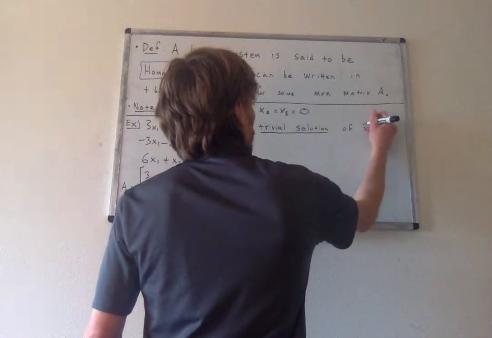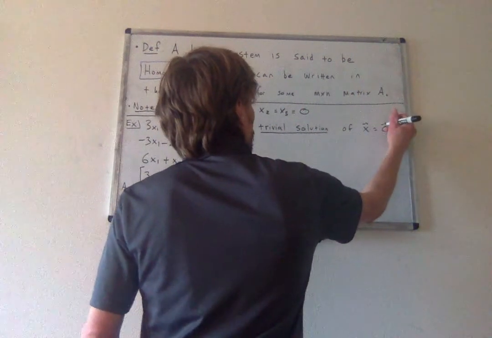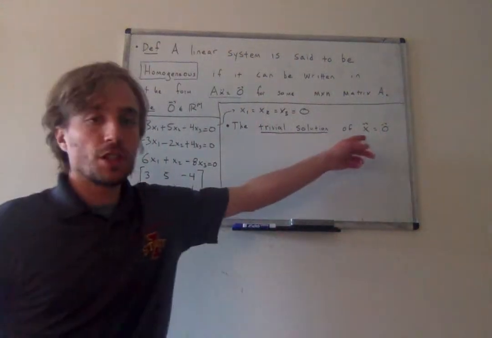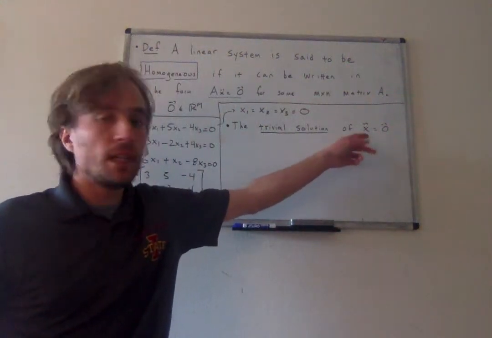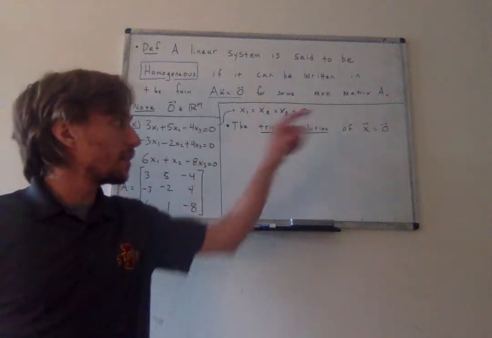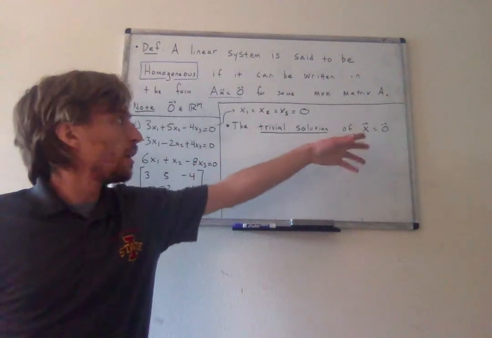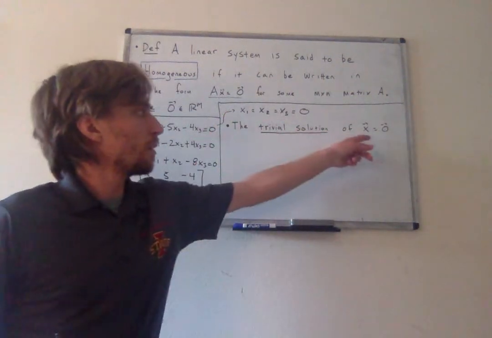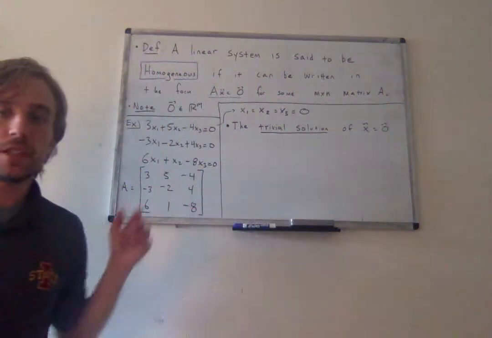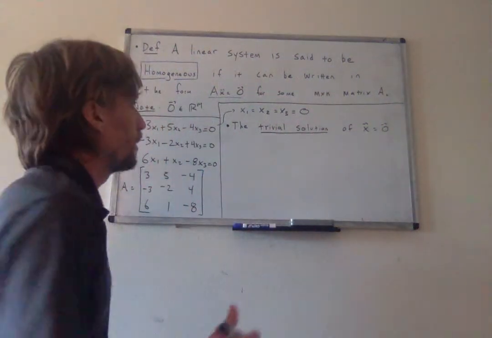Here, x is equal to the 0 vector. Remember, x is just this vector of variables, so this would be a vector of length 3, consisting of x1, x2, and x3. So these 2 things are, in the context of this example, stating the exact same thing.